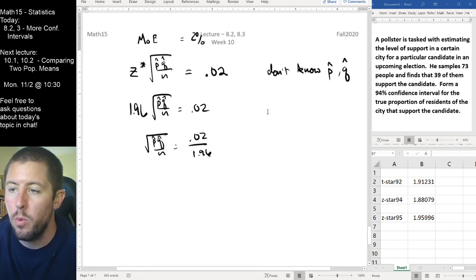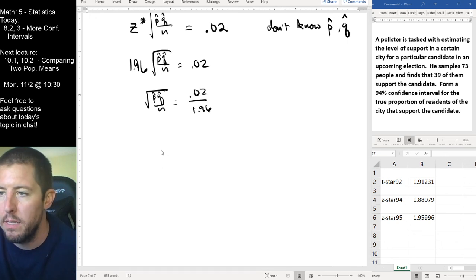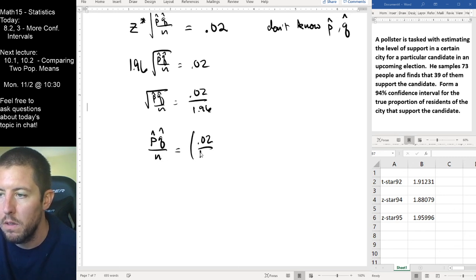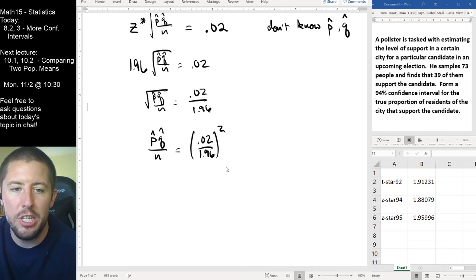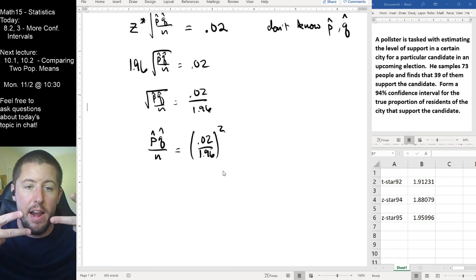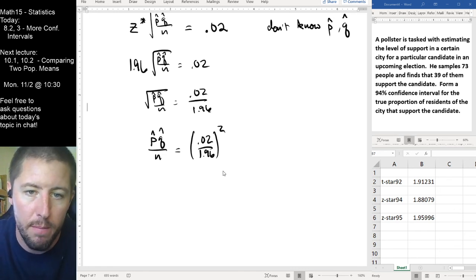I want to undo a square root, so I'm going to square both sides. My new issue is that I really want my fraction flipped. I want n in the numerator so I can solve for it much more easily.